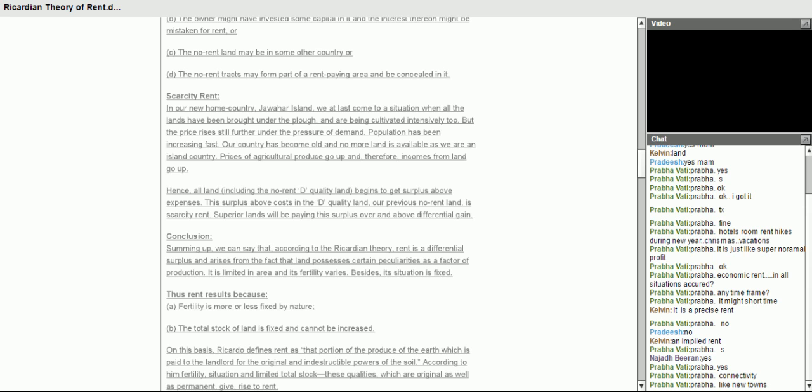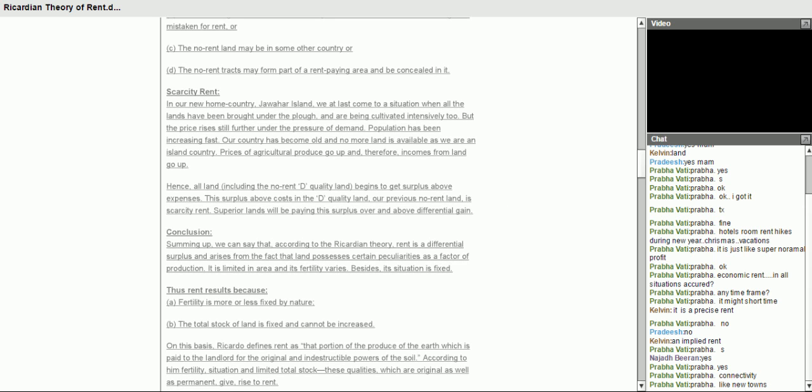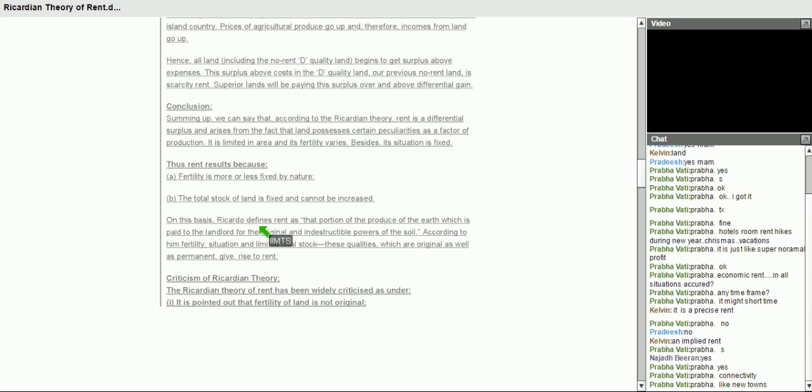So based on all this, what has David Ricardo concluded? According to him, what is rent? Rent is that portion of the produce of the earth which is paid to the landlord for the original and indestructible power of the soil. It is the power of the soil that is making the land productive or fertile, and because of that extra productivity or extra fertility, the land is becoming a gold.